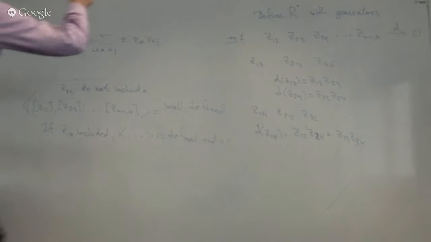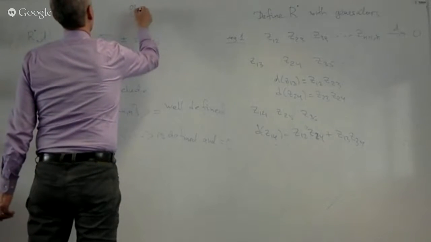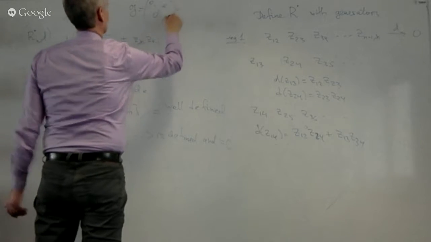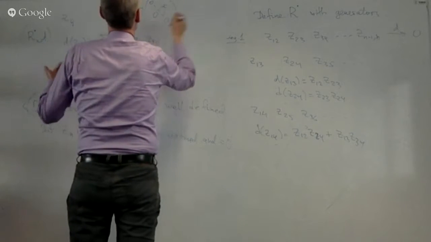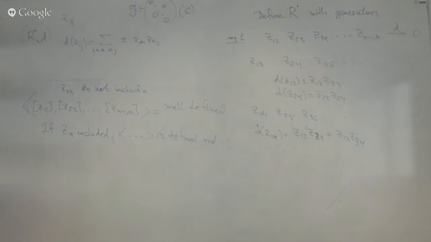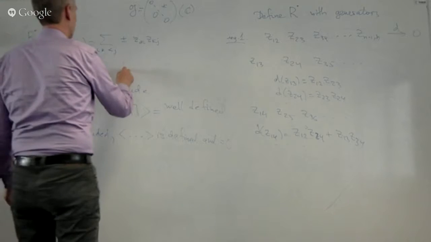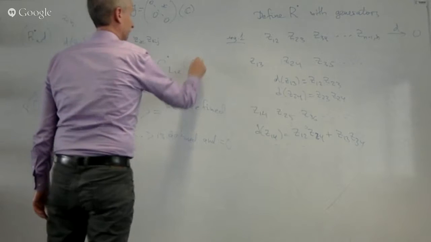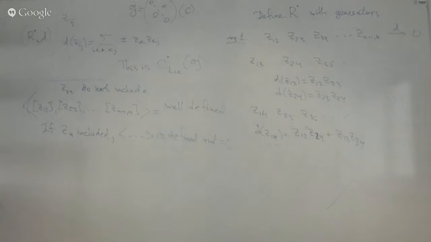So consider g the Lie algebra, over any field, say over C. The Zij are generators, so they are all degree one. They are actually the dual of g.